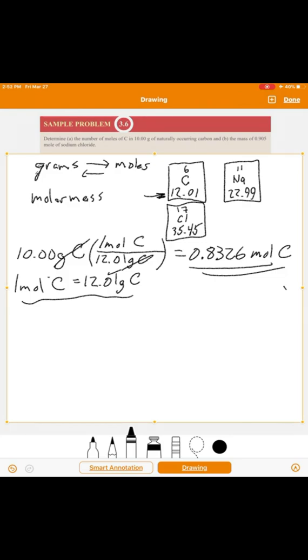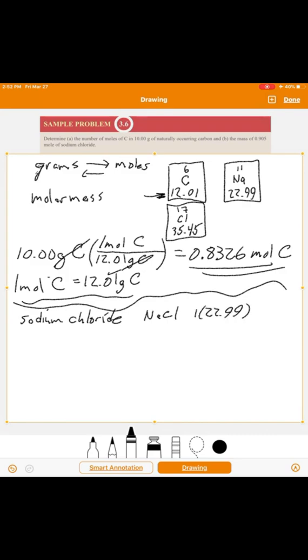Part B is, of course, going to be the opposite. So we just did a conversion going from grams to moles, so now we'll do a conversion going from moles to grams. What's different about this one is that the substance we're talking about, sodium chloride, that's a compound, it's not an element. NaCl is the chemical formula. So we go back and we say, okay, well, how much is that going to weigh? What's the molar mass of sodium chloride? Well, it has 1 sodium, and it has 1 chlorine.